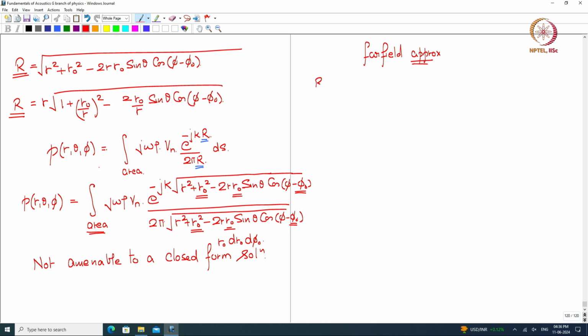Okay, so then what do we say? We have this r given by small r times square root of 1 plus (r0 by r) squared minus twice r0 by r sin theta cos of (phi minus phi 0). Here we say my r0 by r is very small, much smaller than 1, that is order epsilon.